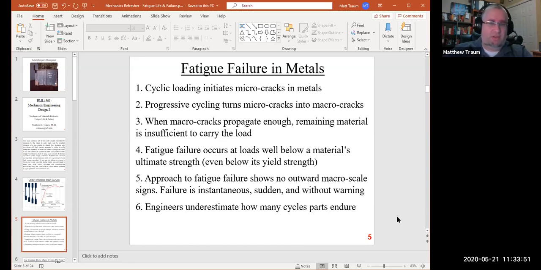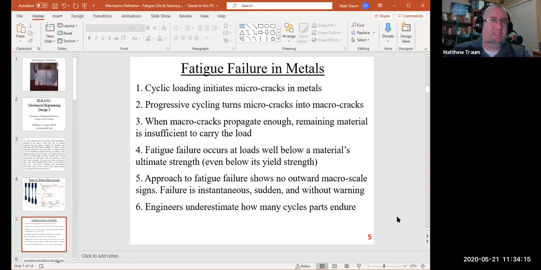And the issue is that you can't actually detect the micro cracks or even the macro cracks because they're usually internal inside the parts. And so you have to go through either destructive testing or really intense testing that's very expensive to figure out if a metal part is suffering from these fatigue cracks. And so there's really no outward signs.